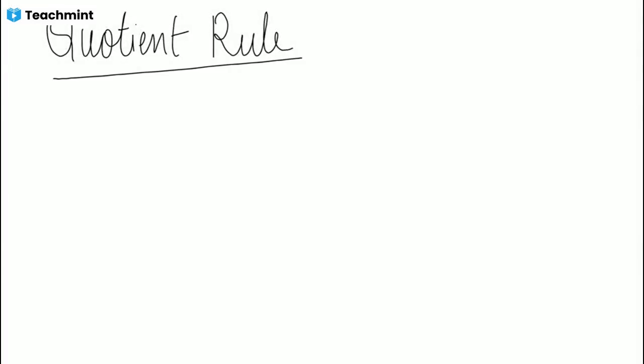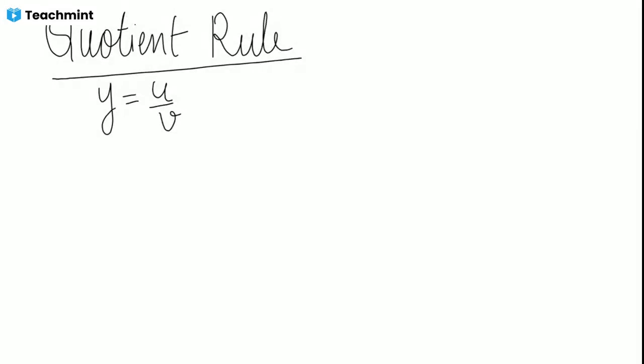We use quotient rule when we have a quotient form of two functions, means y is in quotient form of two functions like u and v, where u and v are functions of x.